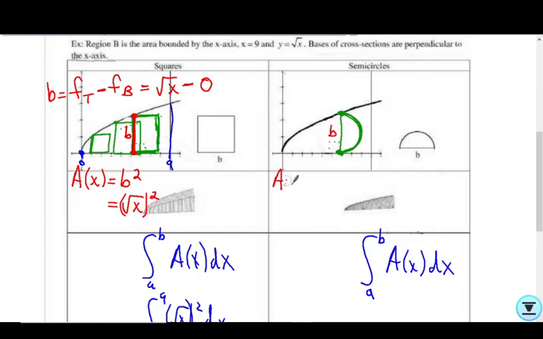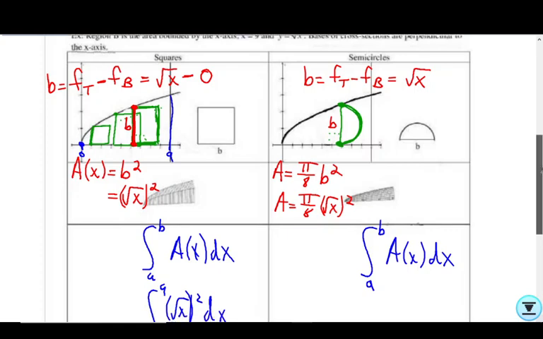So the area of a semicircle is pi over 8 b squared. And again, in this case, the base is my function on top minus my function on the bottom. So the base is the square root of x, which means my area is this pi over 8 square root of x squared.